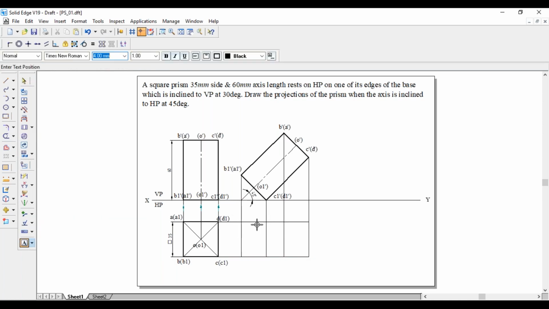First, I will lay here. This is the base one. So A1, B1, C1, D1. Here, top face A, B, C, D.